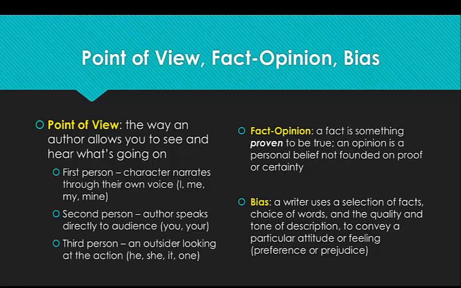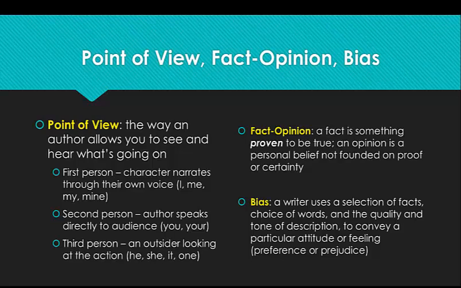Bias is similar to the notion of an opinion. Bias is when a writer uses a selection of facts or a particular choice of words and the quality and the tone of their description to convey a particular attitude or a feeling. So you might be biased toward a particular college because you're a fan of their football team.